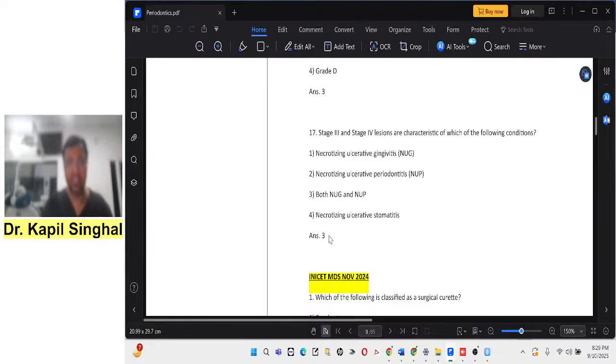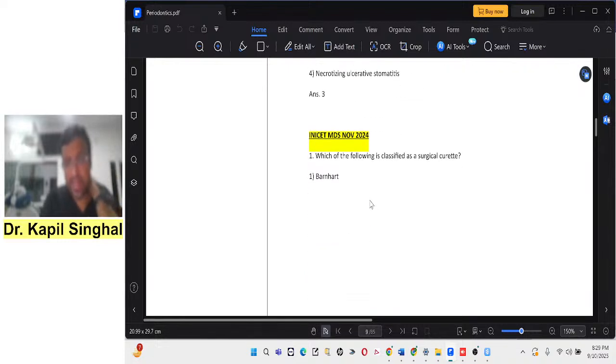He has asked about 3 and 4, so 3 and 4 is considered as NUP. The answer here would be option 2, not 3. Please remember the answer here would be 2, that is necrotizing ulcerative periodontitis.